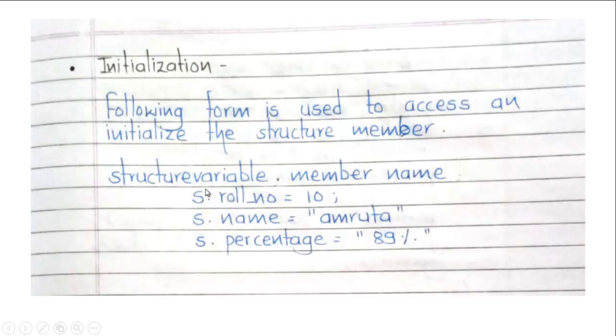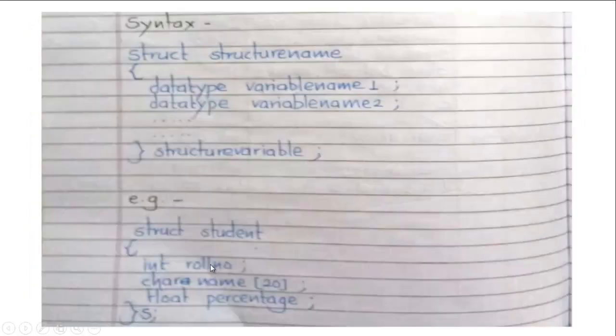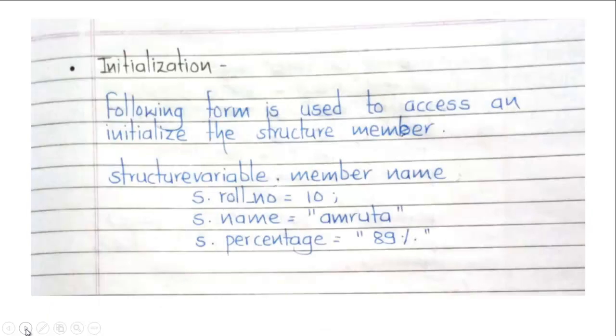For assigning, the format is structure variable dot member name. This s is the structure variable, and this is a member name. These are called structure members: roll number, name, percentage are called structure members. s is a structure variable, and you can create more than one structure variable for any structure, like s1, s2, s3.